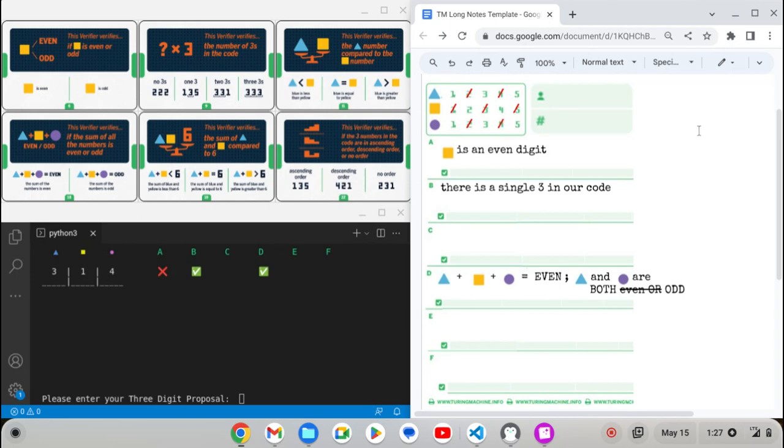So let's see. The good thing about both of these being triangle and circle is I could generate a code where one fails and one succeeds, and yet I'm going to get good data to get a final solution. So I think I'm going to propose.